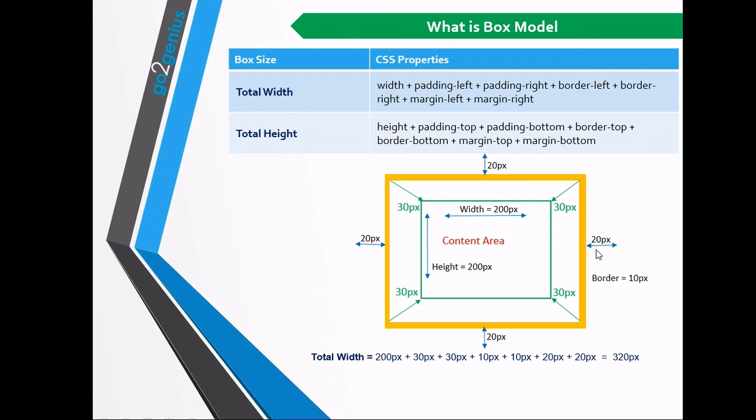Margin left and right are both 20 pixel. Now adding 20 pixel from left and right, the total comes to 320 pixel. So friends, this is our total width, 320 pixel. This width will be occupied by this element on the web page, and the same way we can calculate the height. This is our formula. By using it we can calculate the actual width and height of an element which will be occupied by the element on the web page.